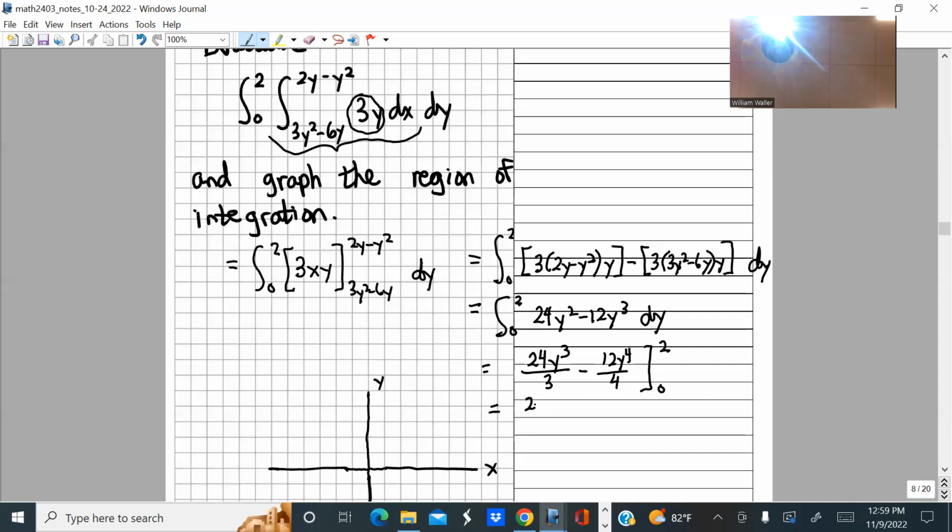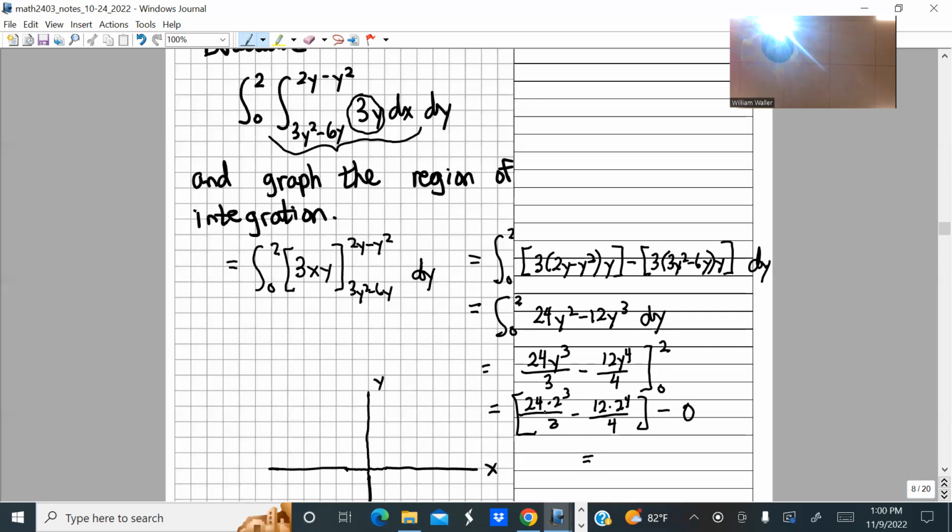That's a little bit harder. We get 24 times 2 cubed over 3 minus 12 times 2 to the 4th power over 4. Of course, when you plug 0 in, both terms just disappear, so you just get 0.